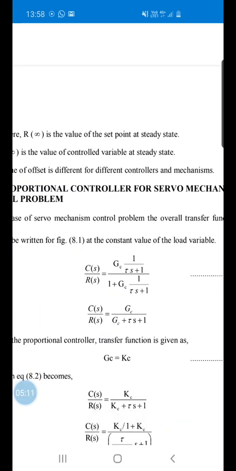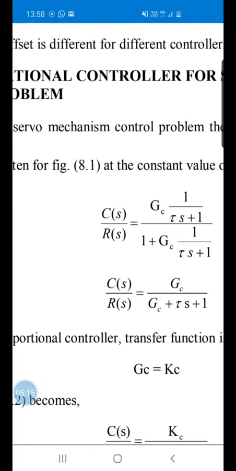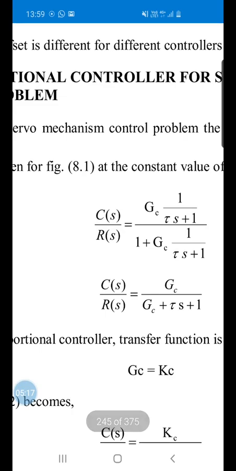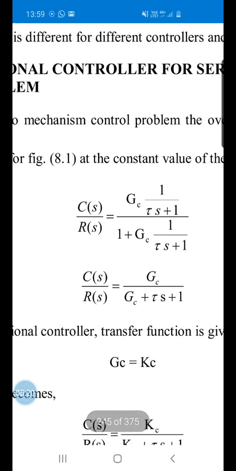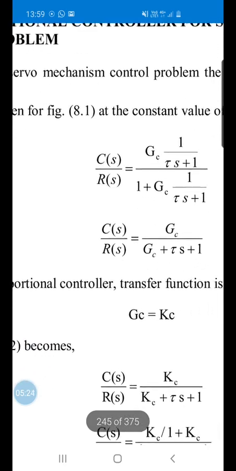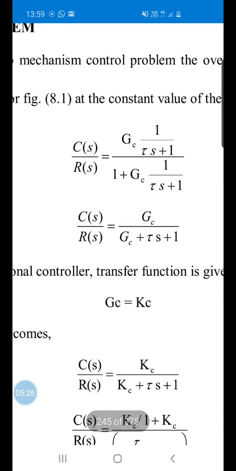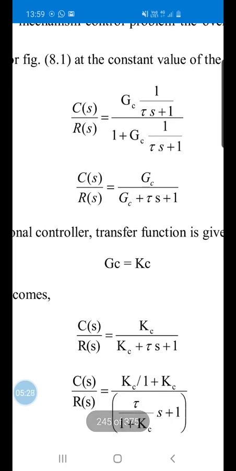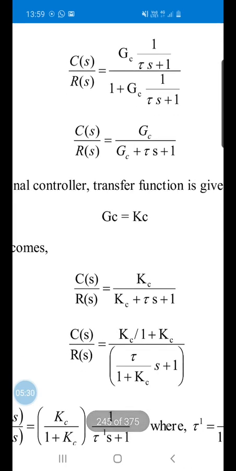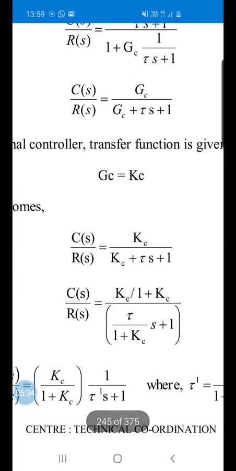So you have to solve this equation and bring it in the form C by R is equal to GC upon GC plus tau s plus 1. Now in case of proportional controller, GC is equal to KC. So you write C by R is equal to KC upon KC plus tau s plus 1. Now you have to divide by the constant term of the denominator.